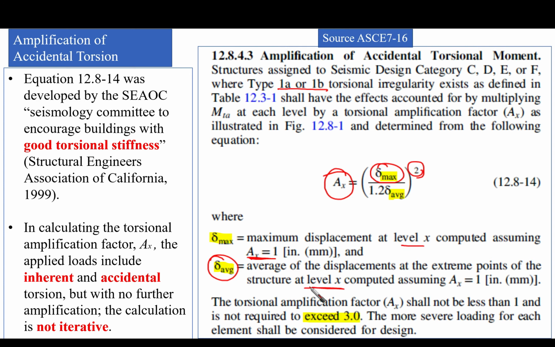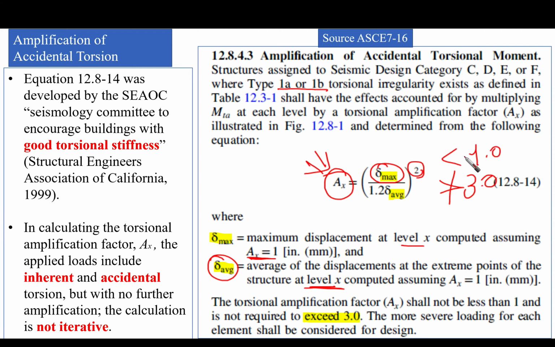We are talking about levels here. We should calculate it for each level and each floor. So this is an important issue. And we found that this factor should not exceed 3, and it should not be less than 1, of course.